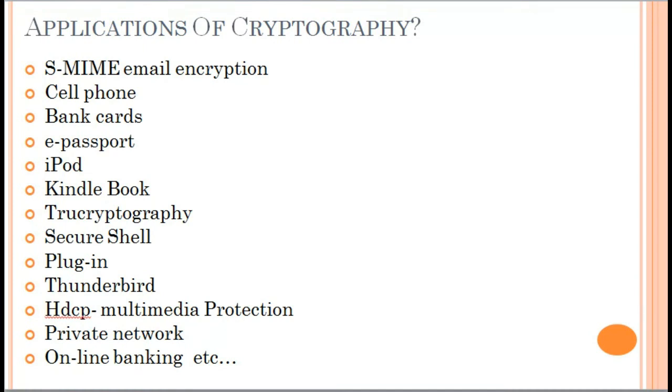Now, some applications where cryptography is widely used nowadays: S/MIME, Secure Multipurpose Internet Mail Extensions, email encryption, cell phones, banking cards, e-password meaning electronic password, iPod, Kindle book, TrueCrypt, secure cell, plug-ins, Thunderbird, HDCP multimedia protection, virtual private network VPN, and online banking, etc. These are the applications where we use cryptographic concepts for securing our data.